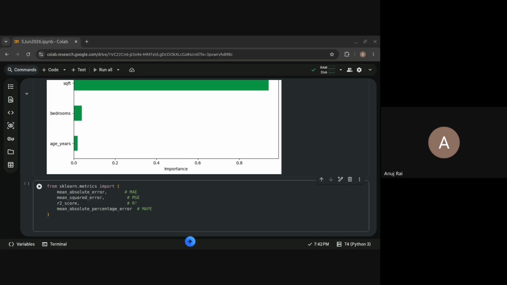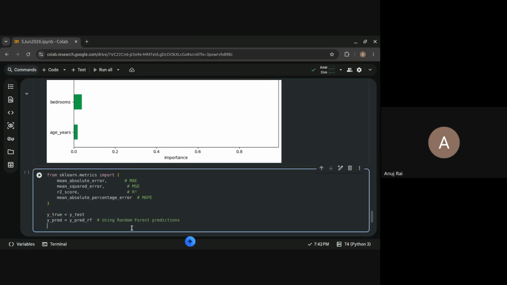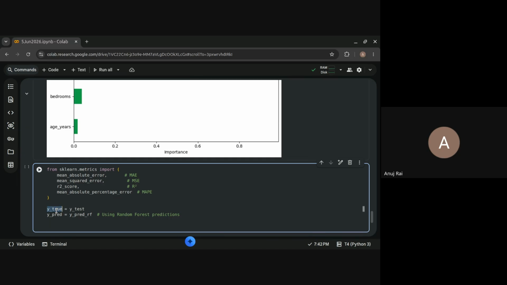So the goal is you have the true value, that is from your data set. In our case, y test. From our previous example, y test, we can call it y true, that is used to check against the model prediction, and y prediction is the random forest prediction.